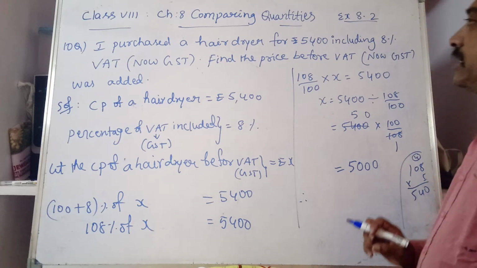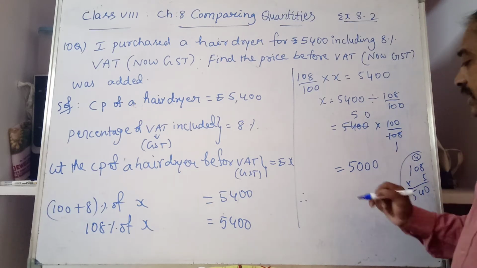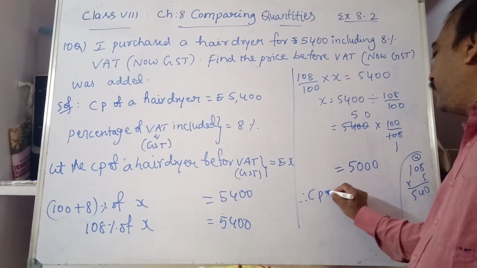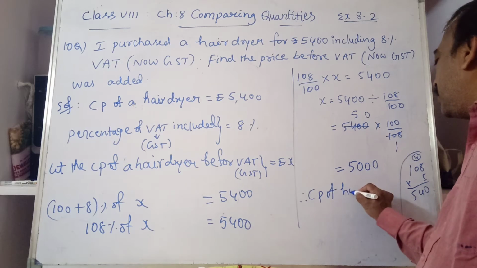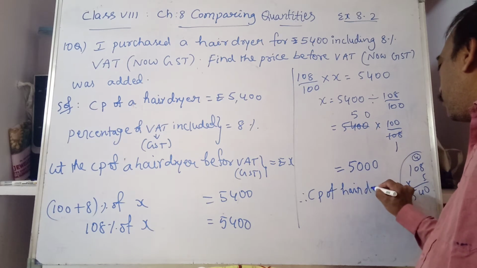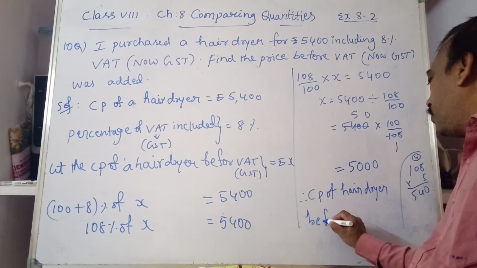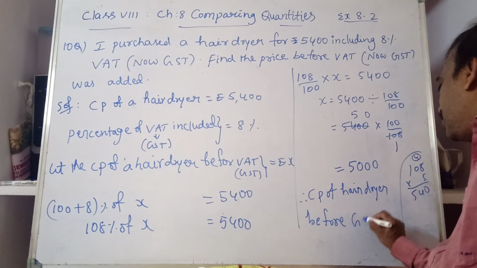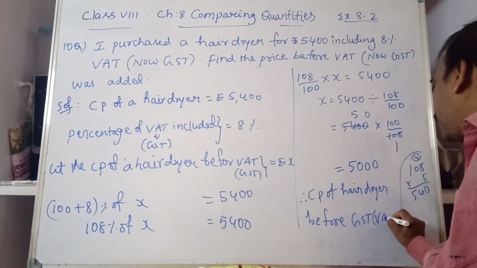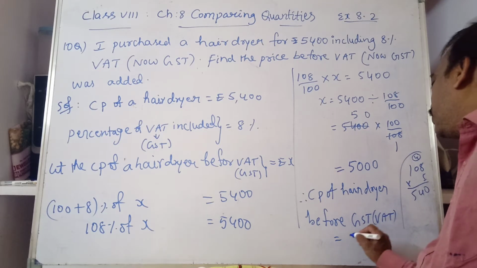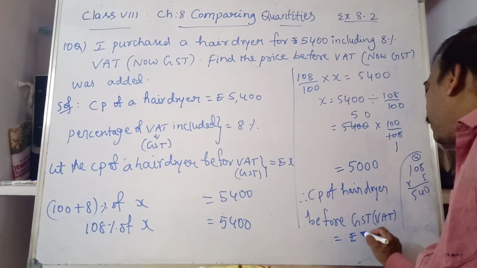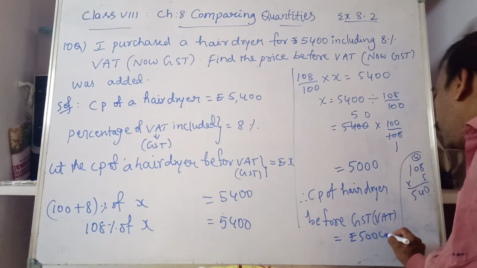Therefore, the CP of the hairdryer before GST or VAT is equal to rupees 5,000.